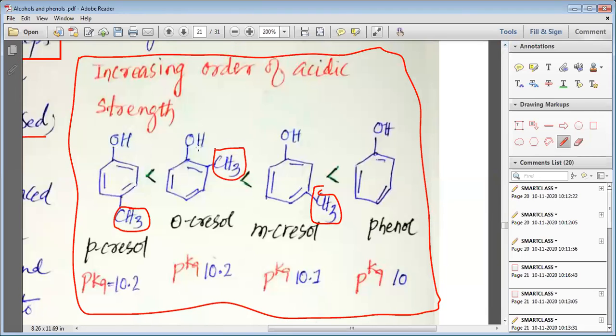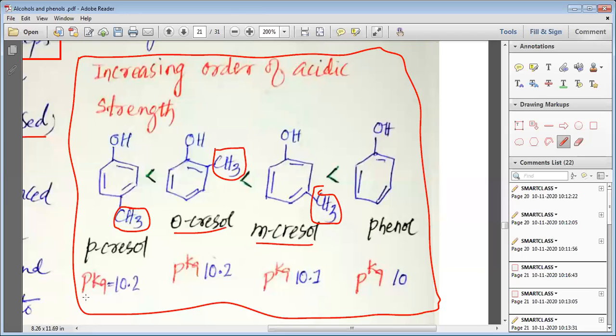So you can see here we have the various phenols where the methyl group is present. When methyl group is present in para position, we call it paracresol. When methyl group is present on ortho position, we call it orthocresol. When methyl group is present on meta position, we call it metacresol, and we have phenol.